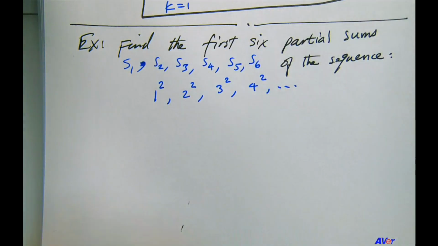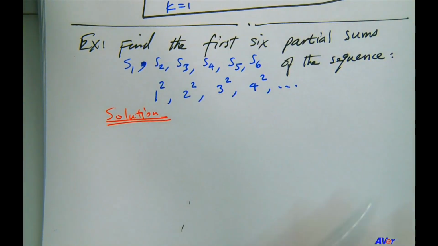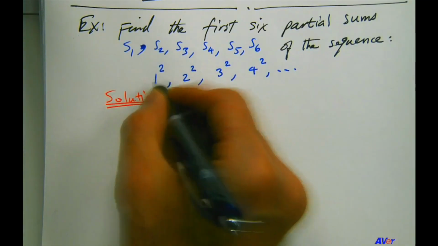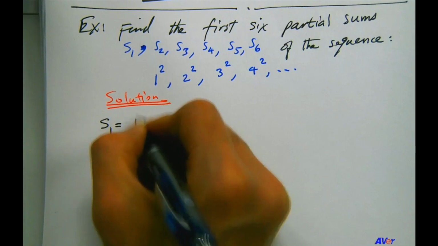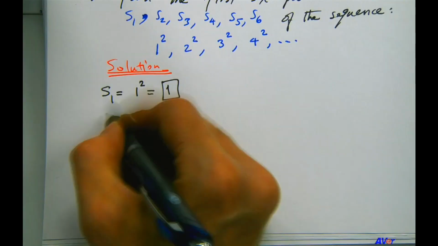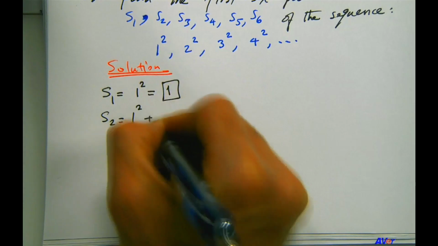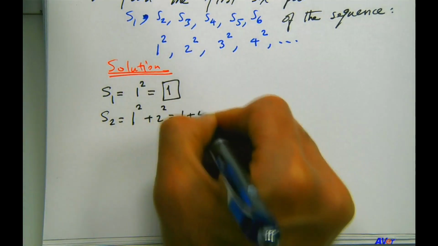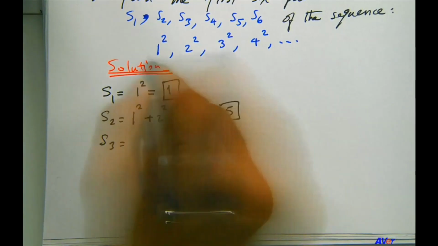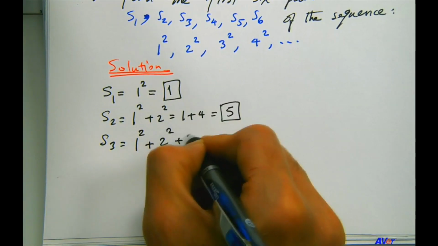Okay, so here's the solution. The sum of the first number with itself, which is 1, so S1 is 1 squared equals 1. That's it. Okay. S2 is this plus that. 1 squared plus 2 squared, or 1 plus 4, or 5. S3 would be the sum of the first three terms, 1 squared plus 2 squared plus 3 squared.